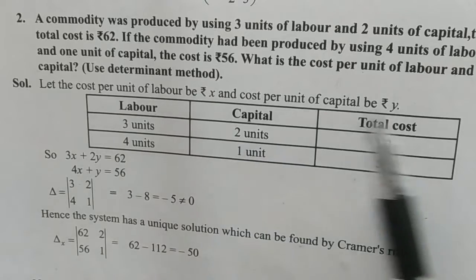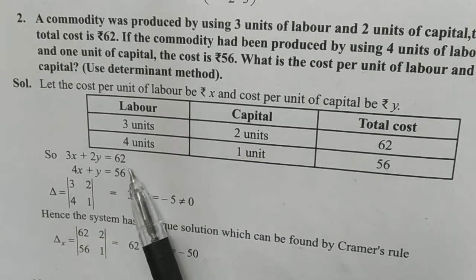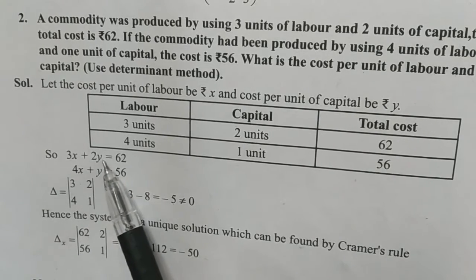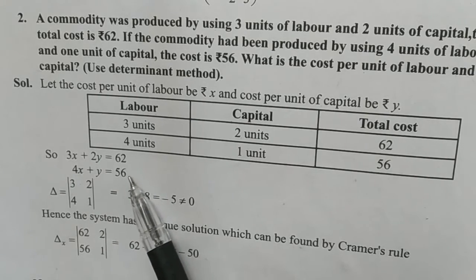Using the given information we frame equations. We get 2 equations. What is the first one? 3x plus 2y equal to 62 and 4x plus y equal to 56.